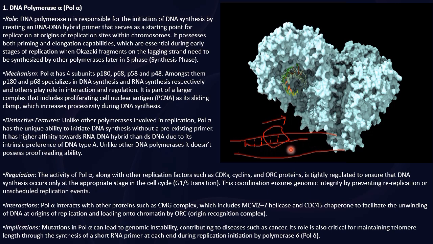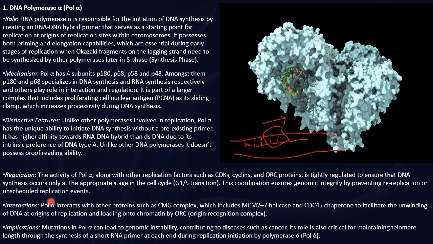Its regulation is done along with other replication factors such as CDK, cyclins, and ORC proteins, and is tightly regulated to ensure that DNA synthesis occurs only at the appropriate stage. The coordination ensures genomic integrity by preventing re-replication or unscheduled replication events.